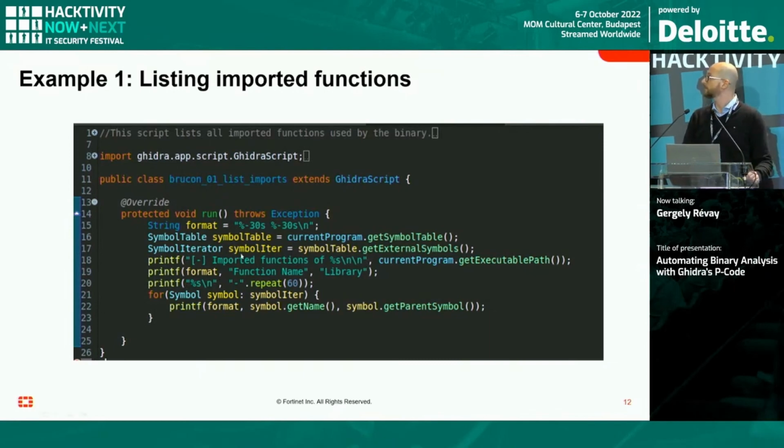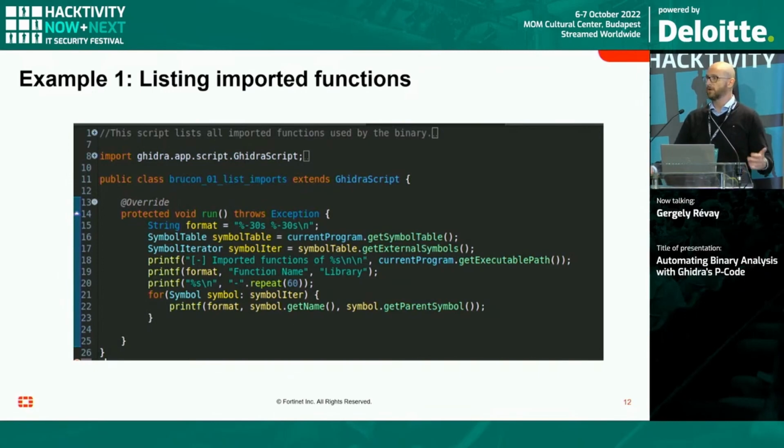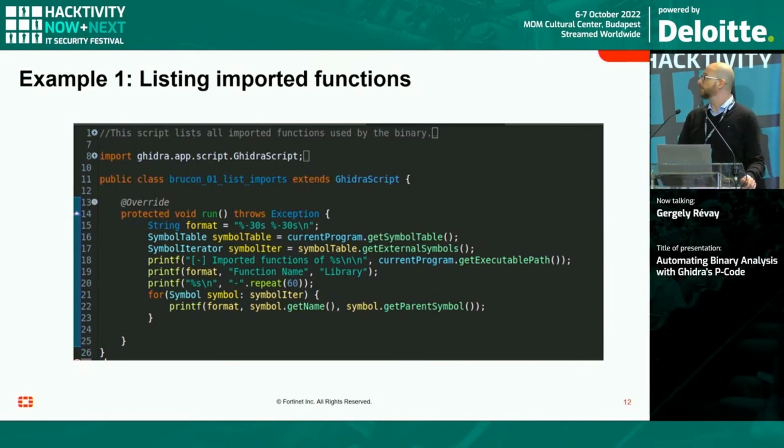In this particular case, we take the currentProgram field, which comes directly from the Flat API, and it provides all kinds of information about the particular binary that you are analyzing. Here we just use the getSymbolTable function to get the symbols, and from that we create an iterator with getExternalSymbols.